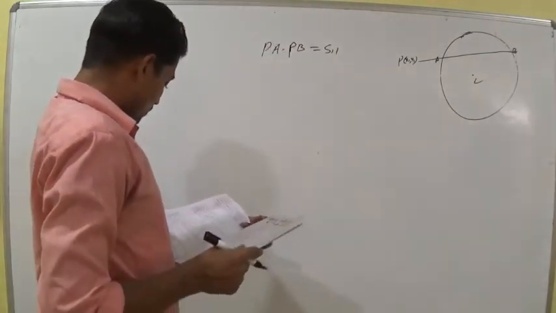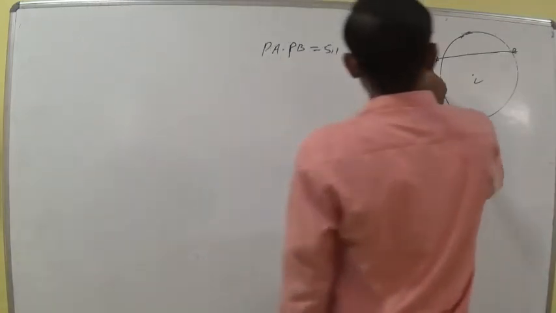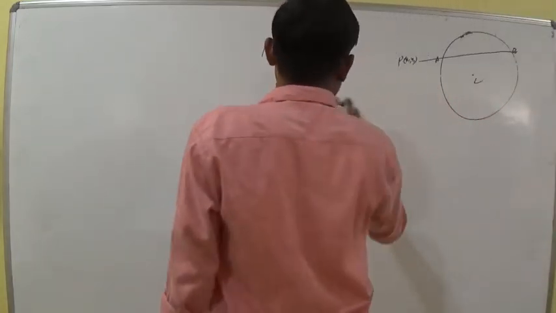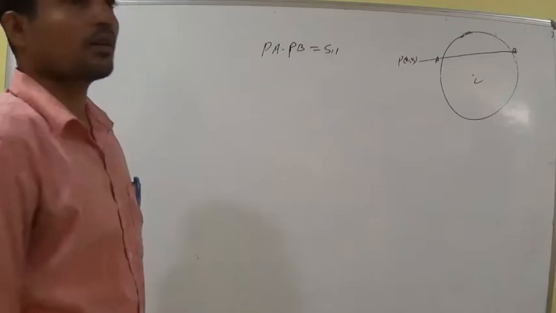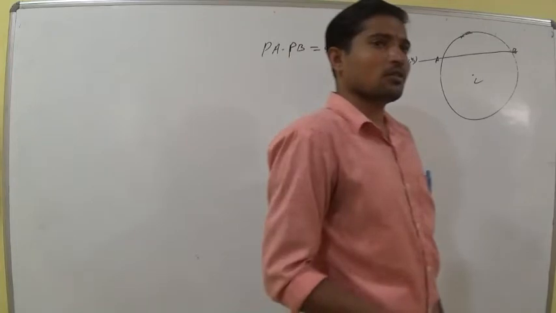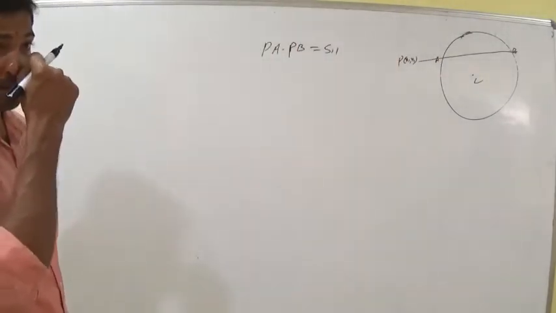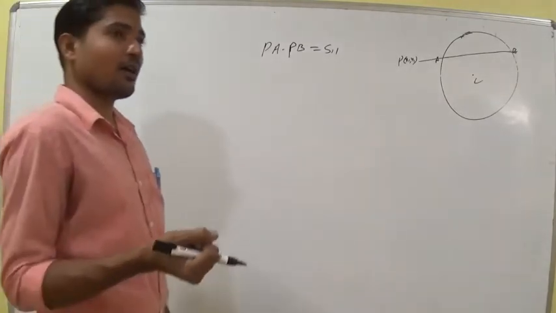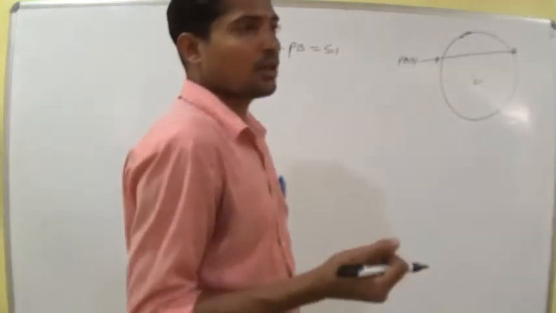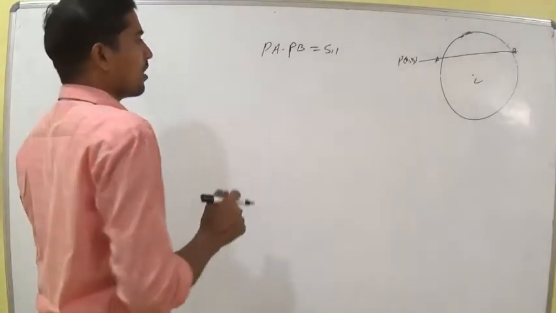For this, the distances from P to A and B are, suppose, r1 and r2, then we can get the proof. From a point to the given points, the distance is (x − x1)/cos θ = (y − y1)/sin θ = r. The distance from P to any point on the circle is r here.